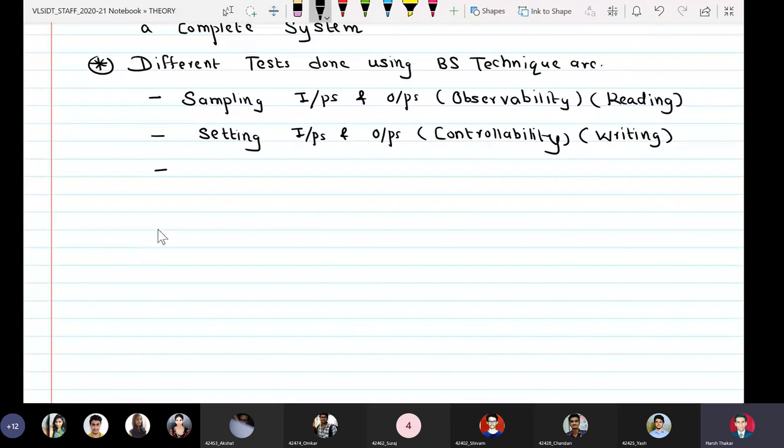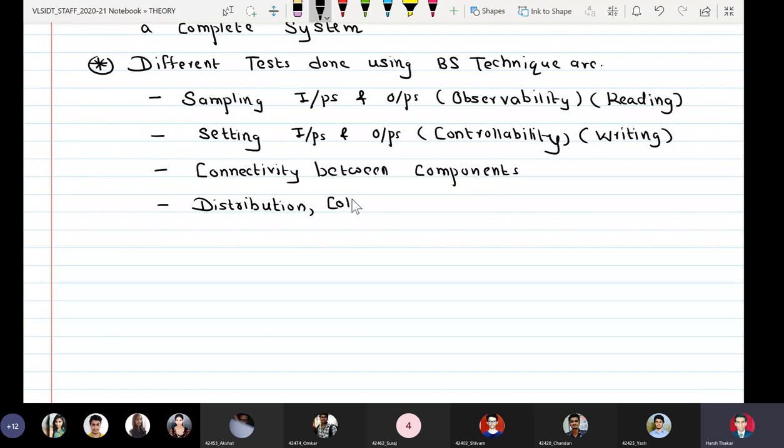Then connectivity between components. And fourth is distribution and collection of BIST results. BIST stands for built-in self-test.